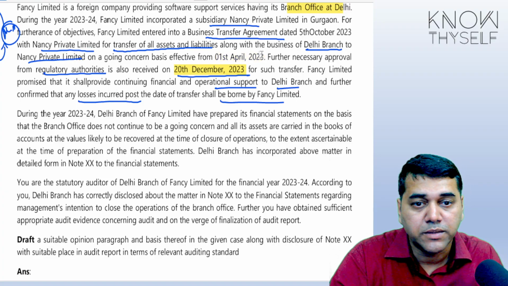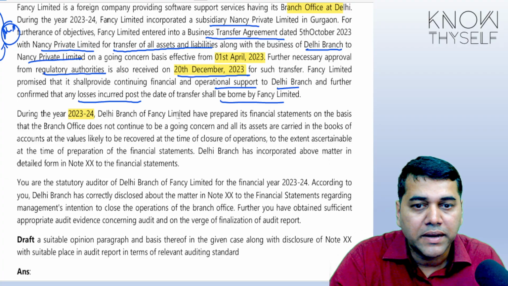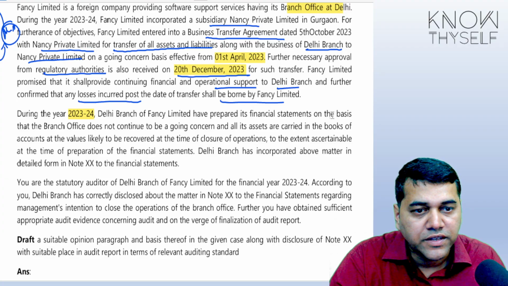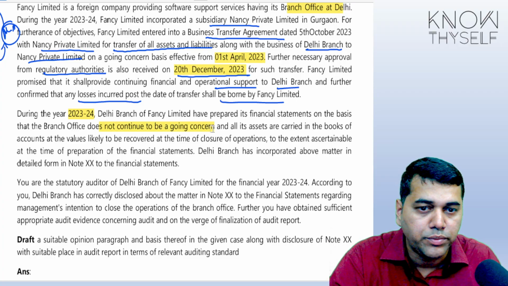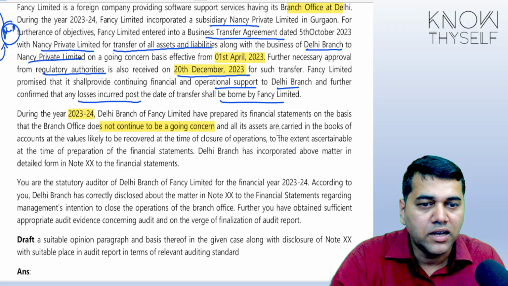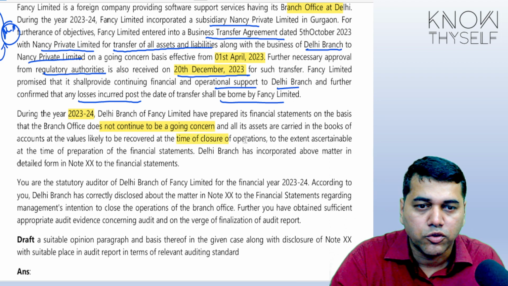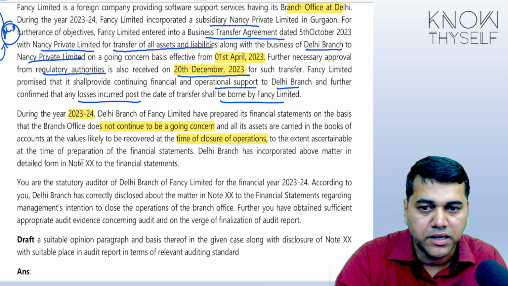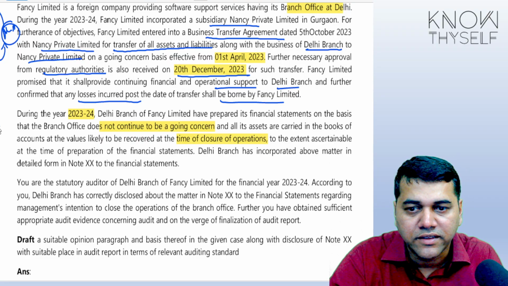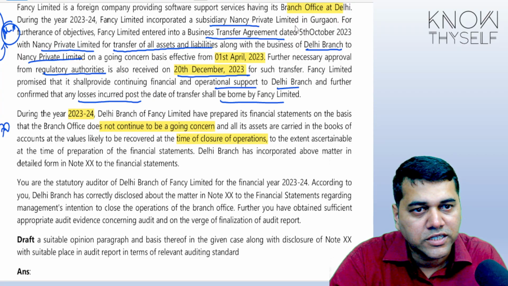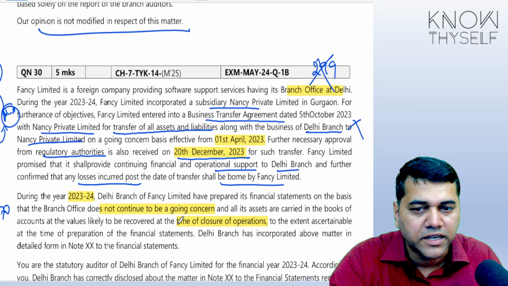They sold on 1st April 23, and as on 31st March 2024, the Delhi branch prepared the financial statements on the basis that the branch office does not continue to be a going concern, and all assets and liabilities will be valued as likely to be required at the time of closing of the operations, to the extent ascertainable at the time of preparation of the statement. And now your mind will take you to SA 570 going concern. So you understand that this is no more SA 299, this is no more related party SA 550.